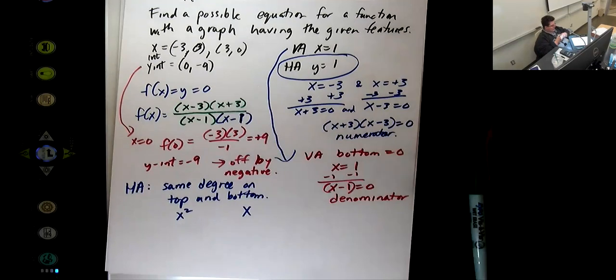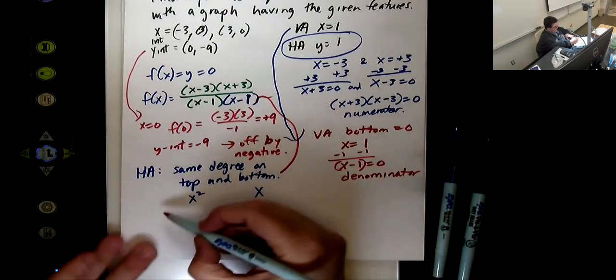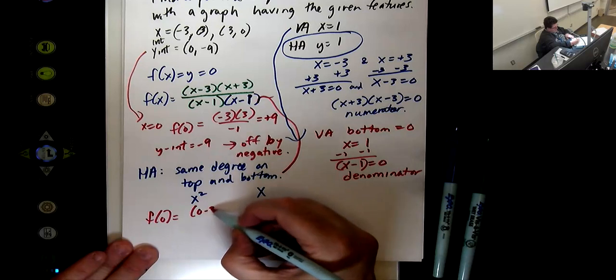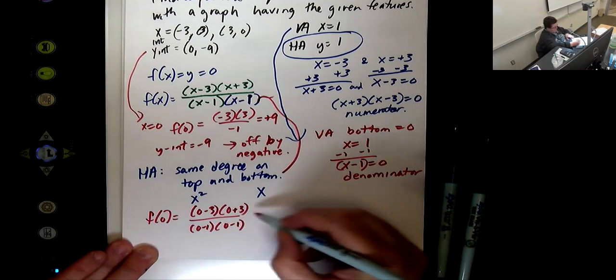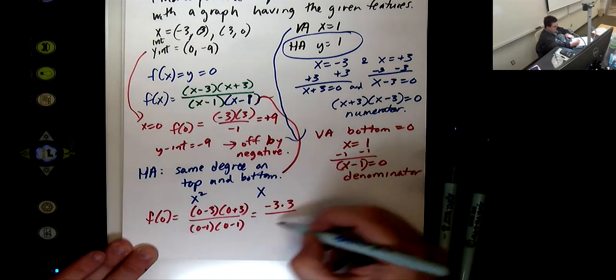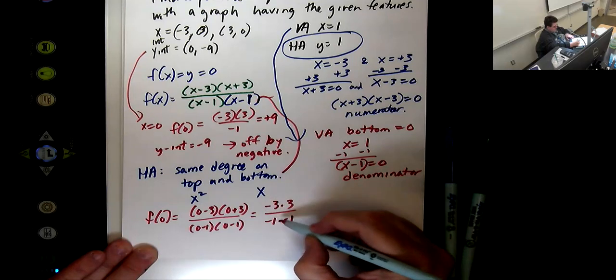Does that fix the y-intercept problem? Let's take a look. If I do f of 0, now I have 0 minus 3 times 0 plus 3 over 0 minus 1 times 0 minus 1. The top is -3 times 3. The bottom is -1 times -1. These two negatives cancel out.